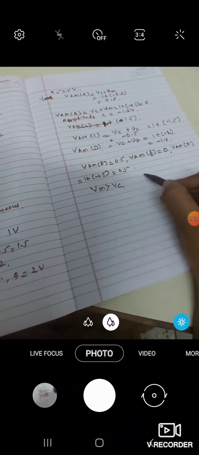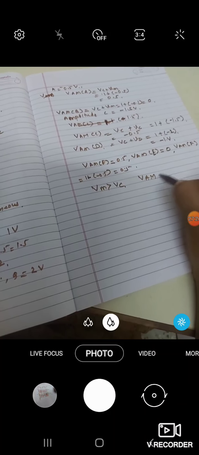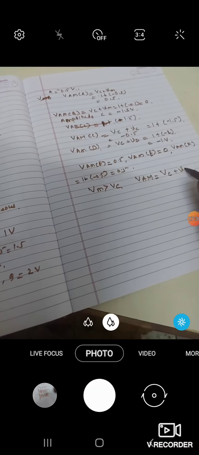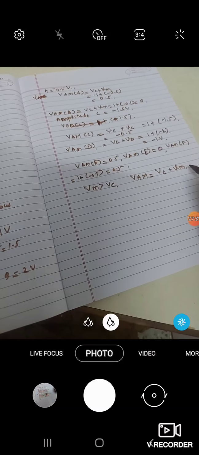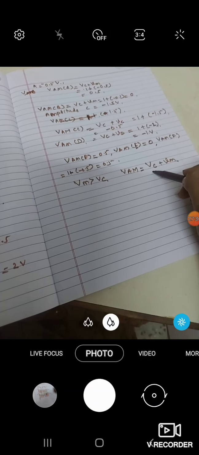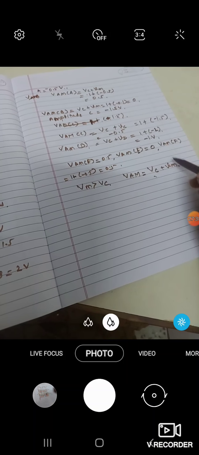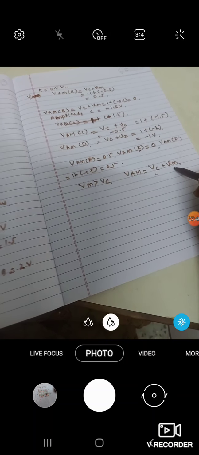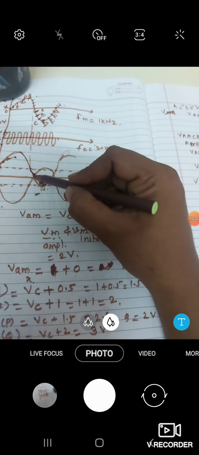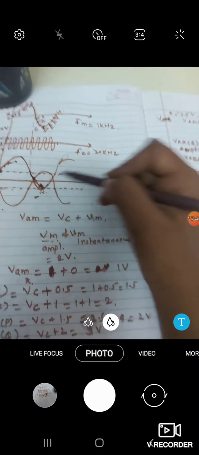Our basic equation is VAM equals VC plus the instantaneous value of the modulating signal. As the VC value is less than the VM value, we get some voltages in negative, and these two signals overlap.